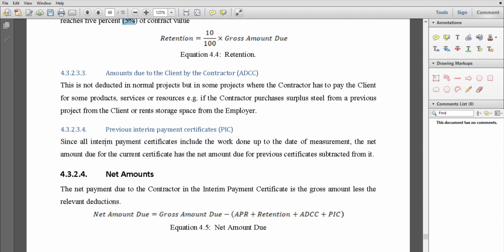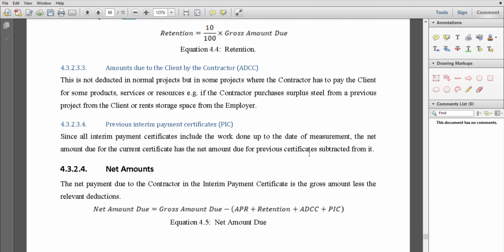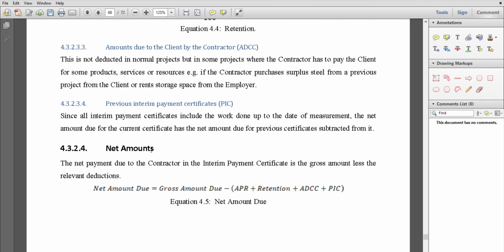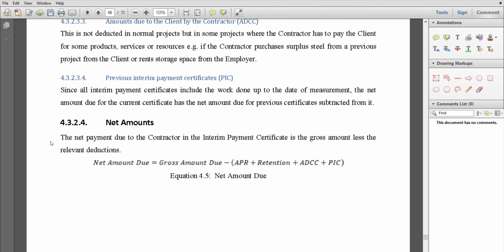And previous interim payment certificates. Since the interim payment certificate includes the work done up to the date of measurement, the net amount due for the current certificate has the net amount due for the previous certificate subtracted from it. The net amount will be the net payment due to the contractor in the interim payment certificate: the gross less the relevant deductions.